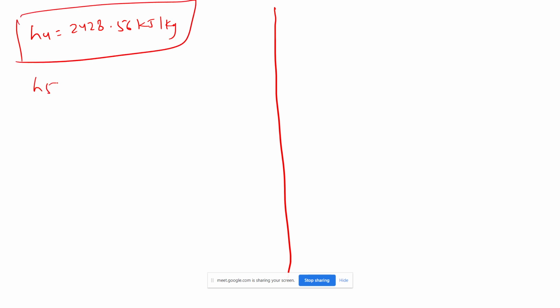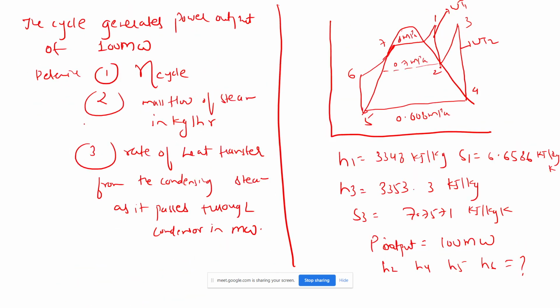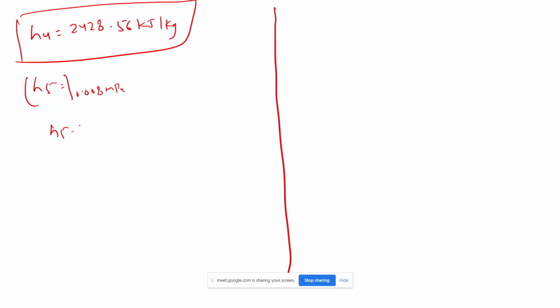Now H5 point. H5 is saturated liquid at a pressure of 0.008 megapascal, so it is on the saturated liquid line. It will be equal to Hf at 0.008 megapascal.